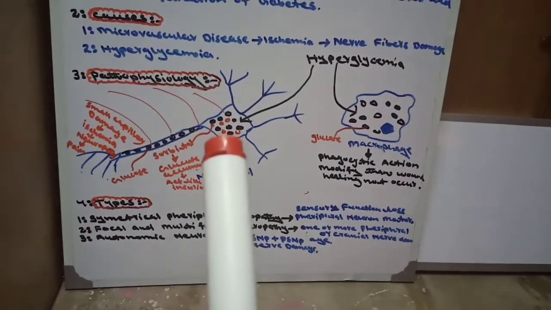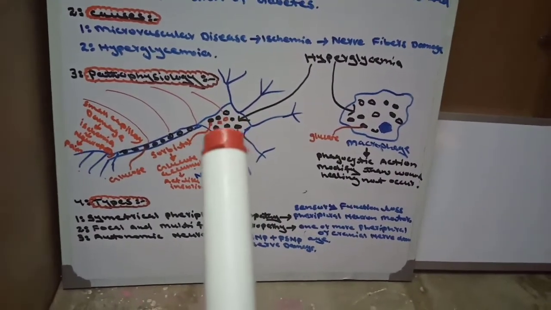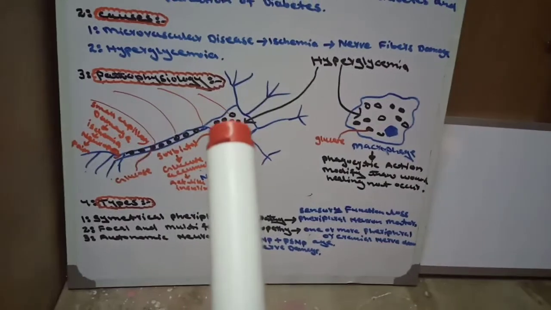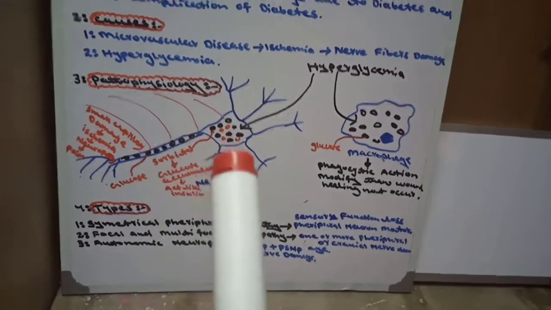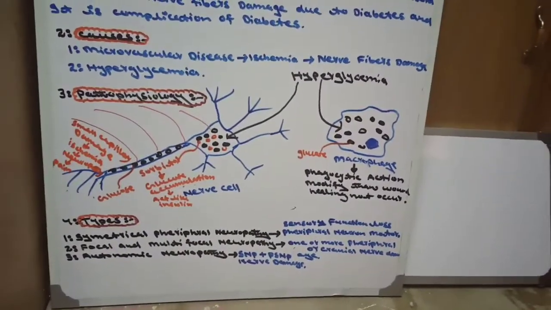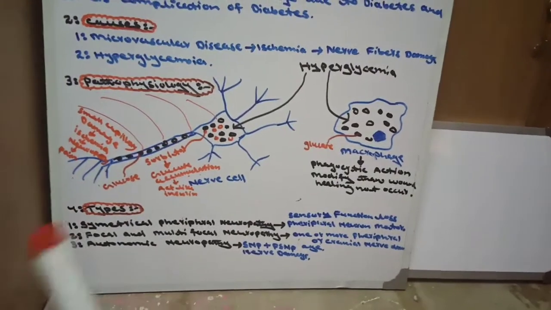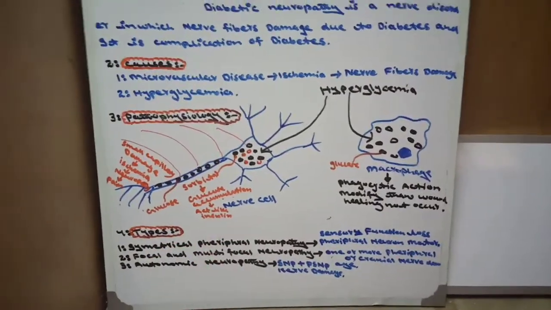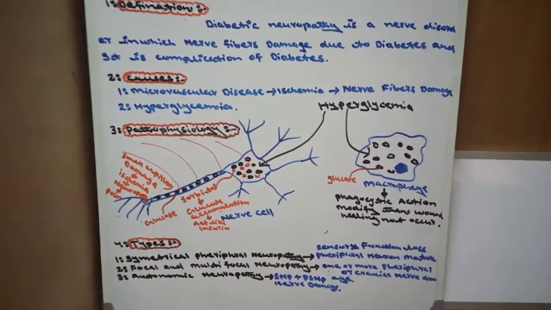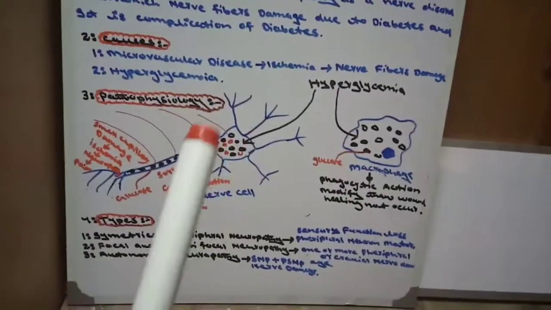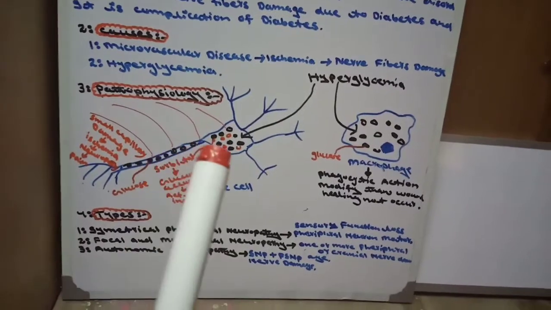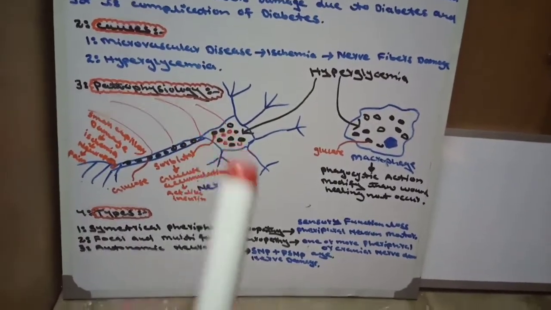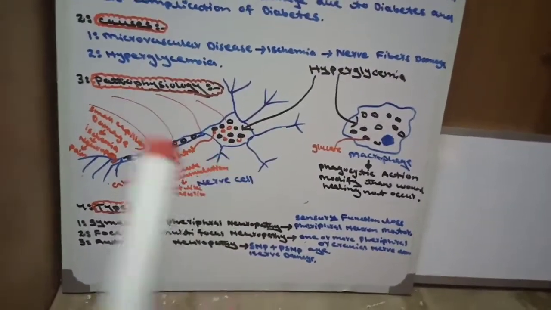In black I show glucose, but in red, in the nerve cell, I show sorbitol. When sorbitol accumulates due to glucose, this sorbitol acts like insulin and causes more accumulation of glucose inside the nerve cell. As a result, the nerve cell will be damaged. This is the first mechanism.